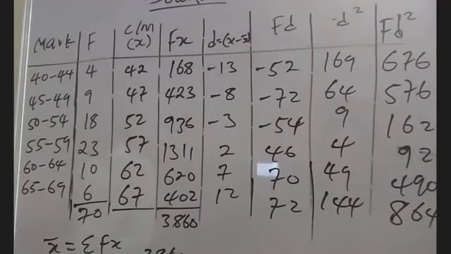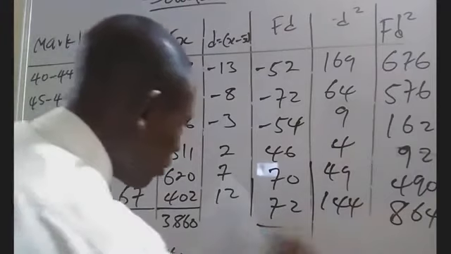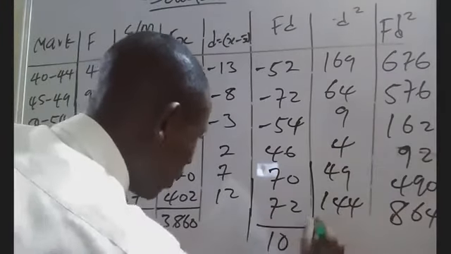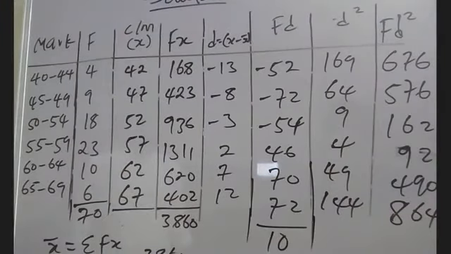That is 864. So if we take the sum of everything, the sum of the deviations, sigma d, is 10. If you add it very well, that will give you 10.